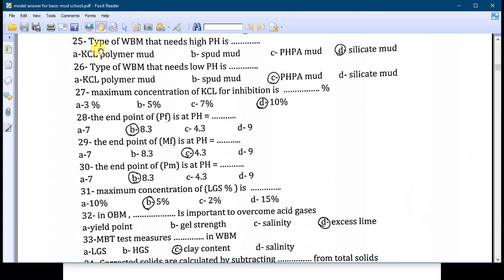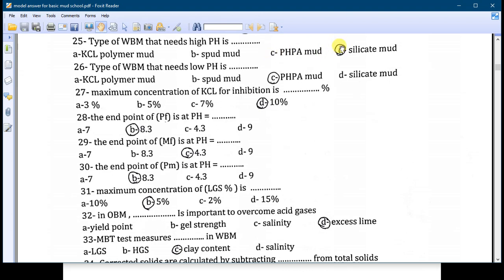Number 25, the type of water-based mud that needs high pH is, as I told you, the KCl polymer, okay, it needs high pH, but it is 9, just 9. Spud mud, just 9. BHBA needs low pH, okay, it's plus or minus 8.